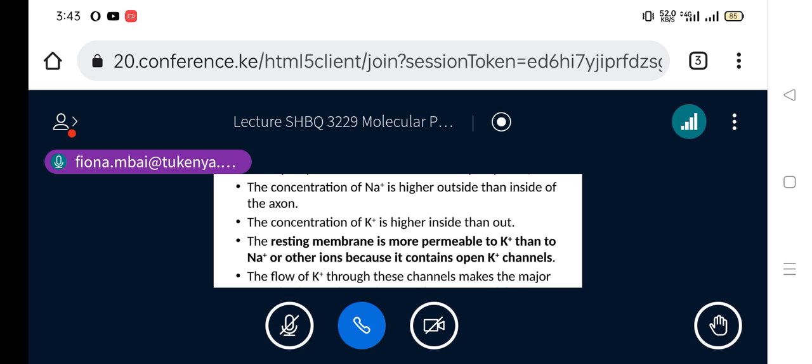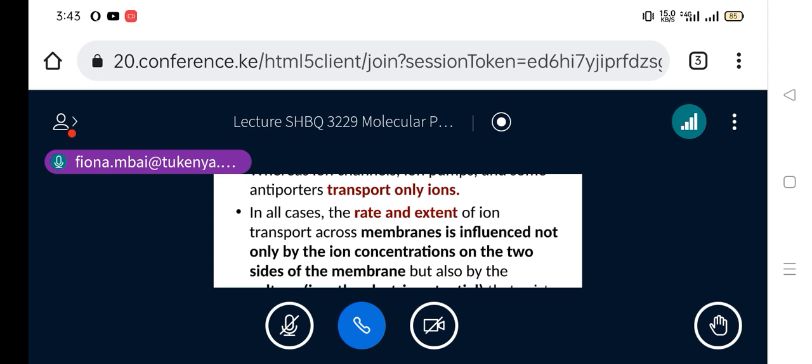So we've gone through the fact that ion channels are not permanently open. Ion channels, ion pumps, and some antiporters will transport only ions. In all cases, the rate and extent of transport across the membrane is influenced not only by the concentrations on the two sides of the membrane, but also by the voltage that exists across the membrane.